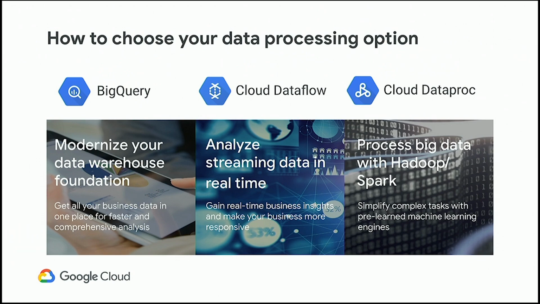If you're building a streaming solution, if you want state-of-the-art streaming, unification with batch, exposure to Apache Beam, then Cloud Dataflow is the best managed service for you. If you prefer Hadoop and Spark, if you like Spark Streaming, if you have existing investments in Spark and Hadoop, then Cloud Dataproc is a great way to run open source software in the Google Cloud.